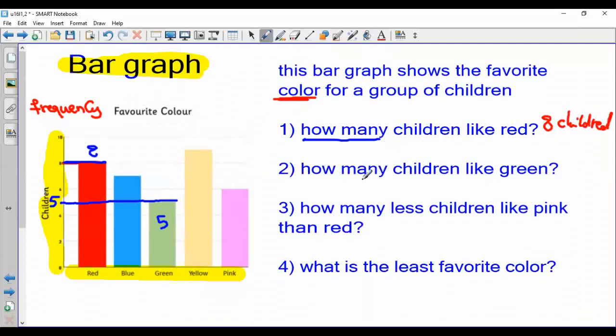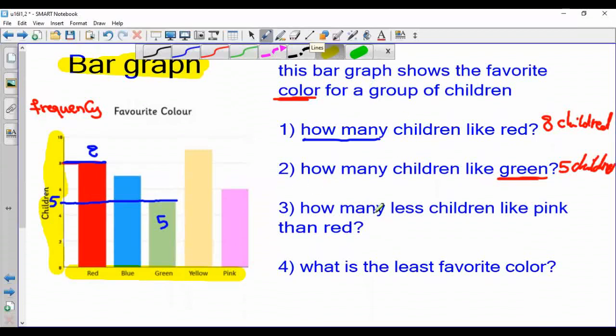How many, a frequency also. How many children like green? Here is the green bar. The height of the green bar is exactly between 4 and 6. It is 5. So 5 children choose green as their favorite color.